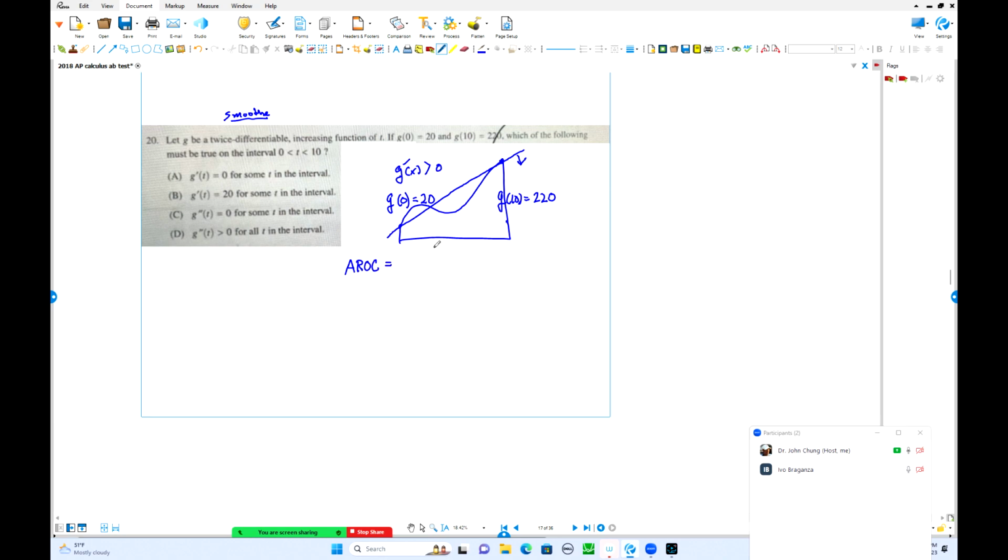Average rate of change is what? g of 10 minus g of 0, that is change in y over change in x, over 10 minus 0. Check it out: 220 minus 20 over 10, 200 over 10, it is 20.